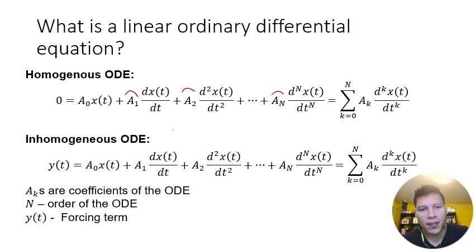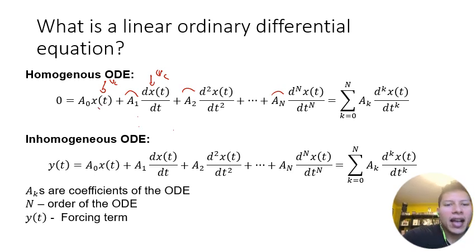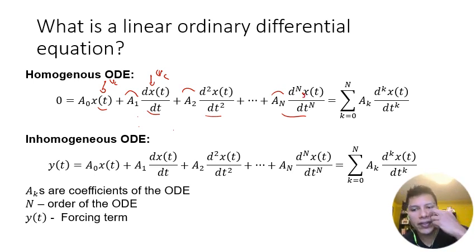In general, a differential equation is simply an equation involving your unknown quantity, which could be a voltage across a capacitor, along with a bunch of its derivatives. We call it an nth order differential equation if the highest order derivative that's available is of order n.